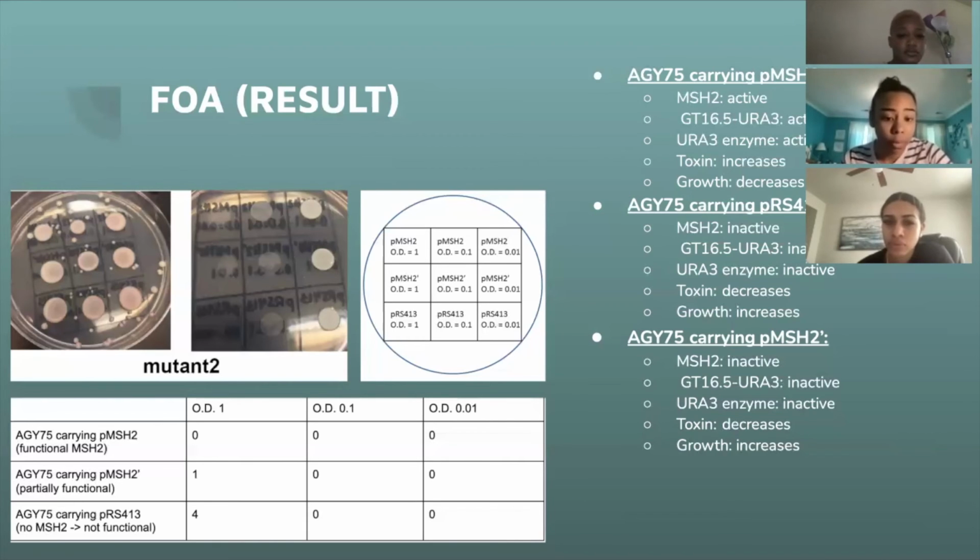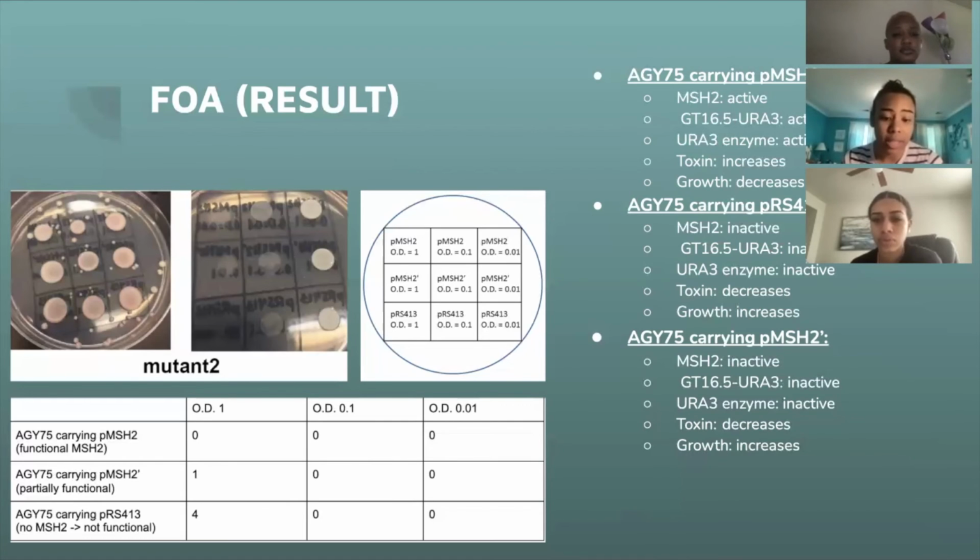because there was no growth produced. In AGY75 that carries the PRS413, this particular plasmid does not have MSH2 within it, so it is inactive. As a result of MSH2 being inactive, the frame shift mutation will increase, and that will cause a lot of DNA damage.